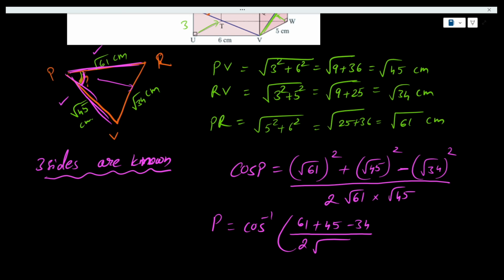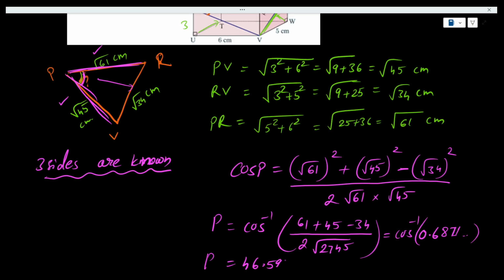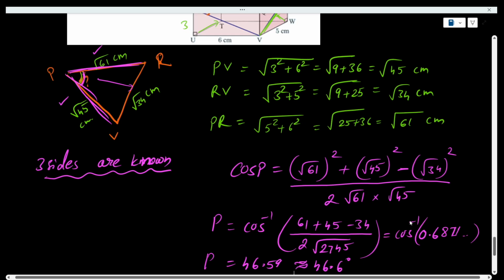If I take it here, we are getting 2745. Now you are getting 46.59, but an angle cannot be written till two decimal places, so you know that it will become 46.6 degree approximately. Answer angle will always be written till one decimal place.